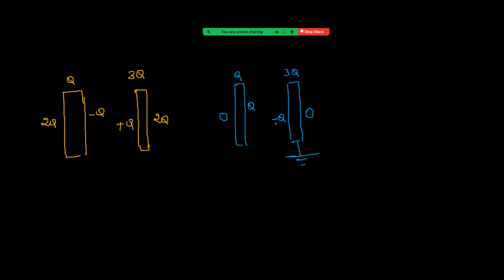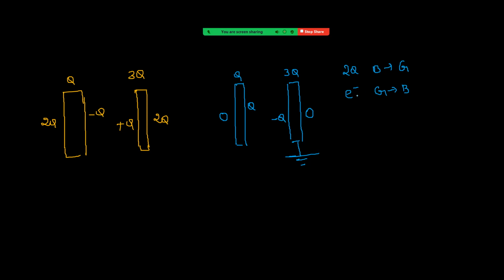So how much charge has flown? That is 2Q charge that has flown from body to ground. Okay. Suppose Q is positive, then this is positive. What it means is that electrons are flowing from ground to body.